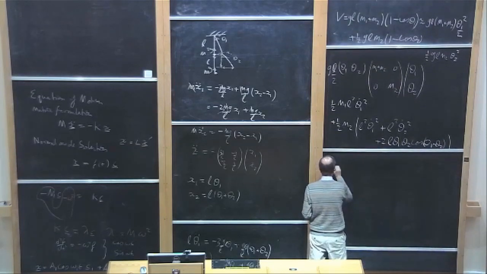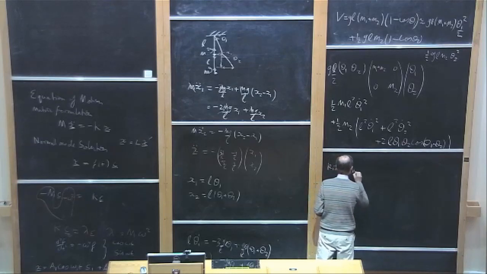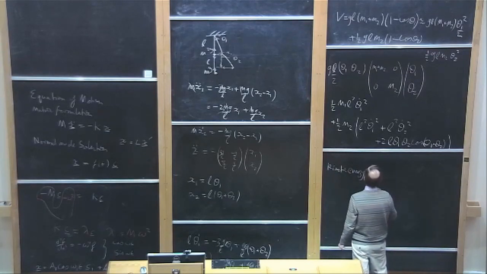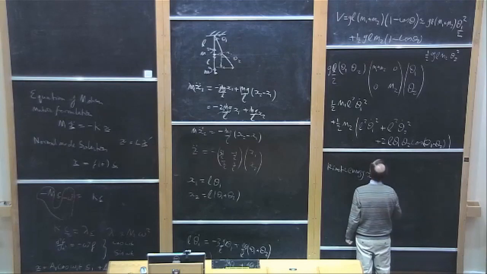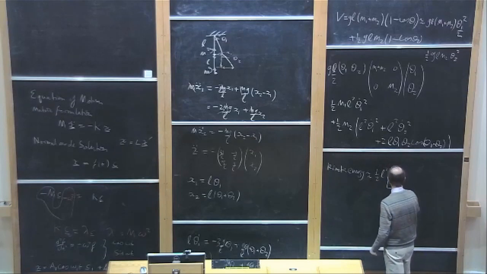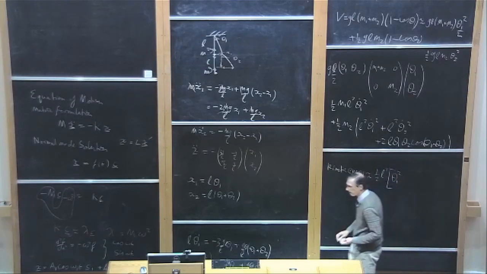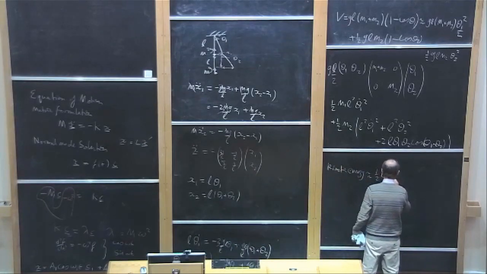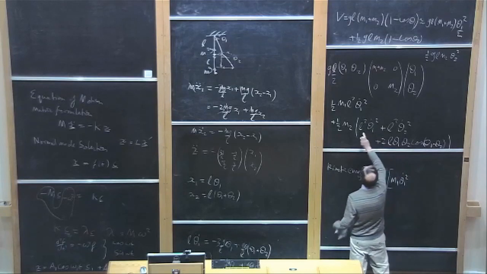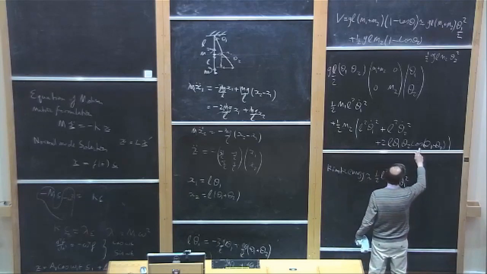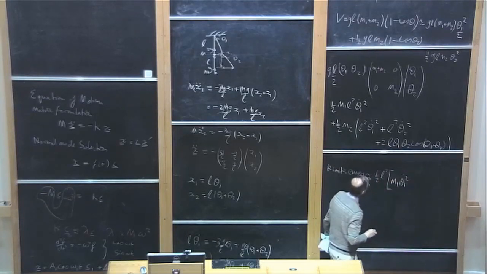So the kinetic energy is approximately 1/2 L squared m1 theta 1 dot squared, that's that term, and the small angles approximation will be cos(theta 1 minus theta 2) equals 1.